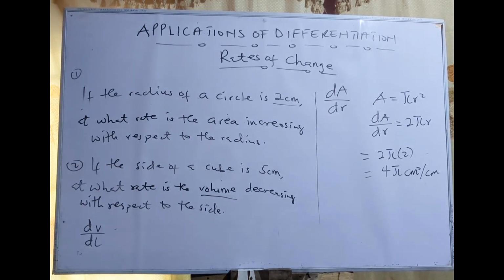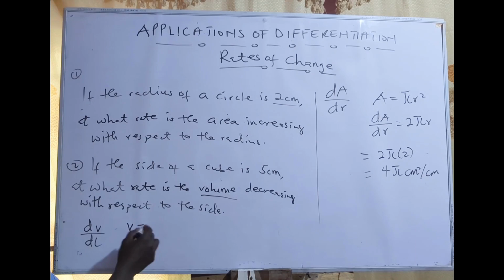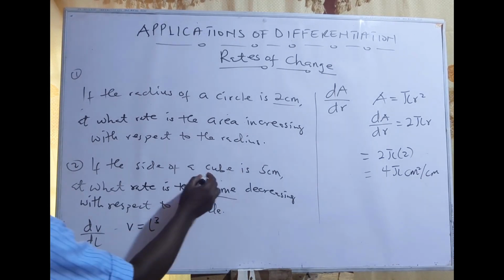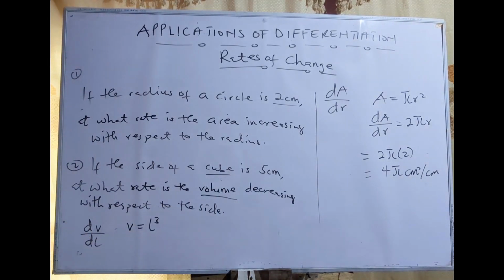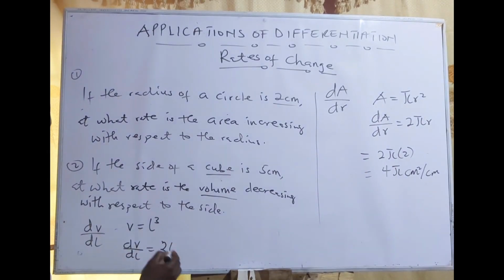Let's say the side is L, so you are going to find dV/dL. You have to find the volume of a cube, which is L cubed. Then my dV/dL is going to be 3L squared.